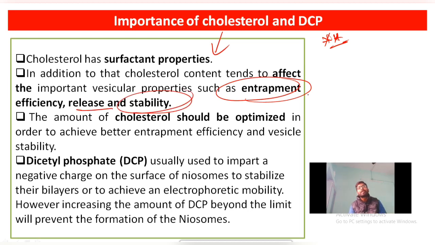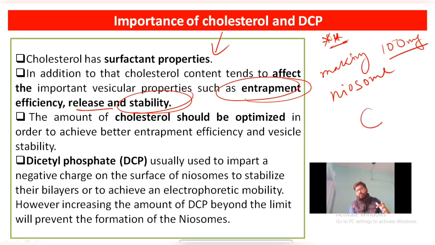Drug entrapment efficiency means if you are making Niosome with, let's say, 100 mg drug, and the Niosome vesicle contains only 80 mg, then your entrapment efficiency is 80%. That's the basic concept.